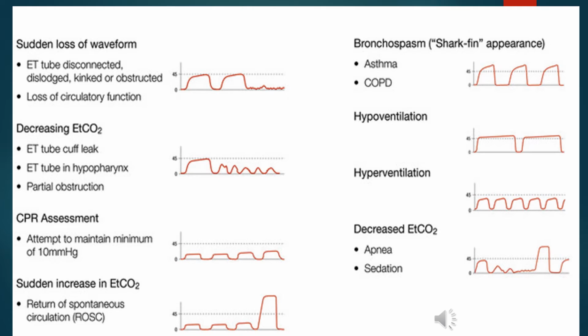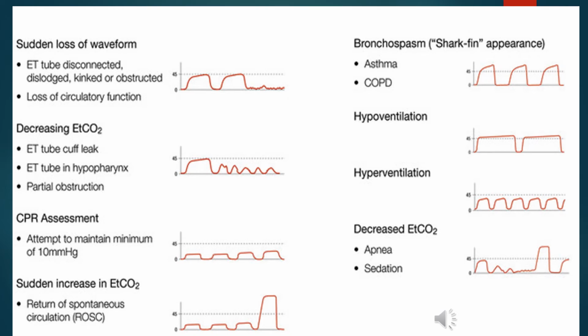Well, this is another way to do the same thing. If CPR is effective, you're going to probably get at least 10 millimeters of mercury reading. If it's ineffective, you're going to get less than that, not more than that, less.